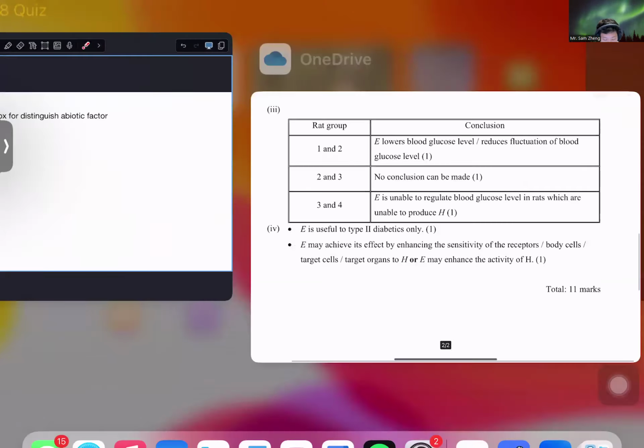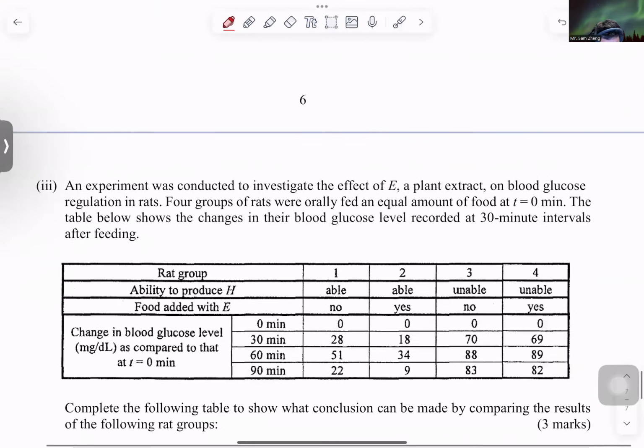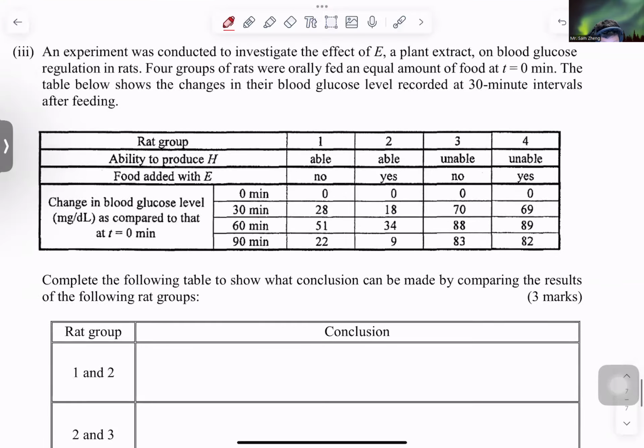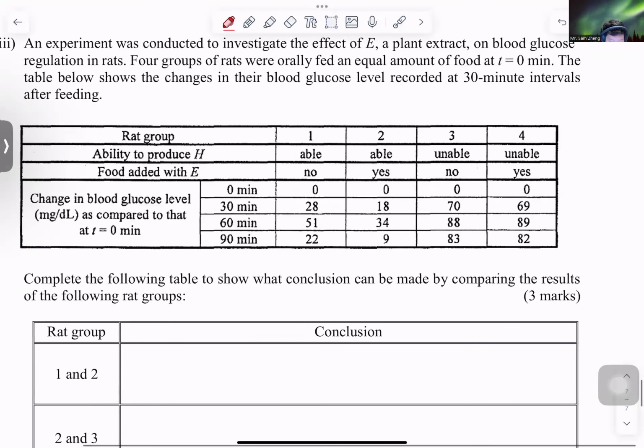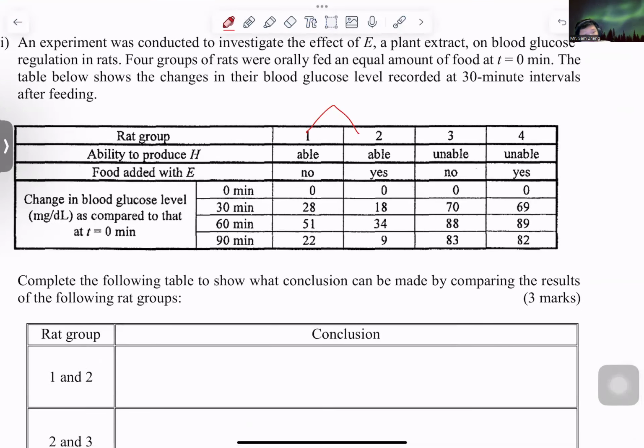Then, okay, we will have several comparisons. Now, looking at group 1 and group 2, both of them are able to produce blood insulin. However, group 1 does not include a certain substance, E, in their food, but group 2 includes substance E in their food.